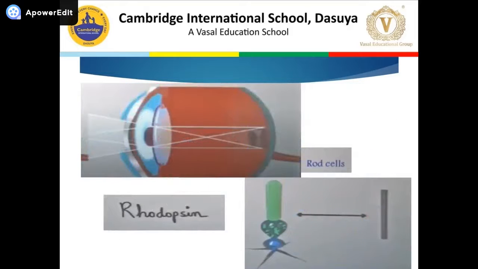The second sensory receptor cell is called rod cell, rod because this portion of the cell is rod shaped. Rod cells are activated in dim light and the pigment present in rod cells is known as rhodopsin.